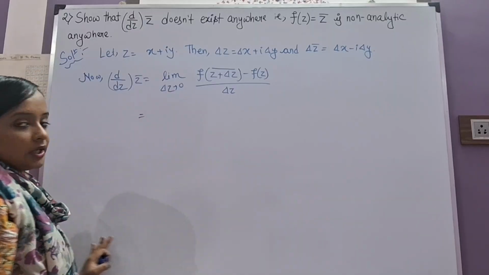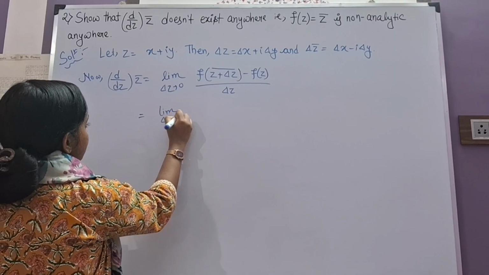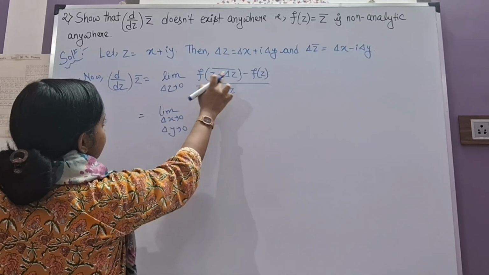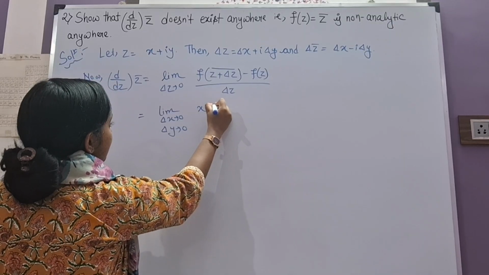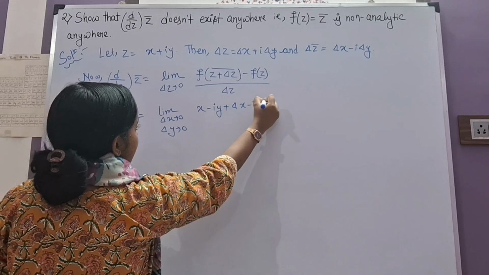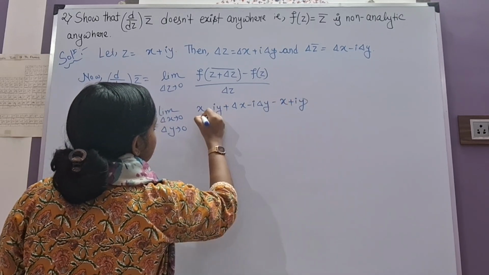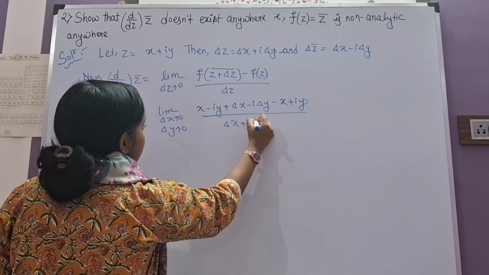Now this is going to be equal to limit delta x tending to 0, delta y tending to 0, f of z plus delta z. Then it is equal to x minus iy plus delta x minus i delta y minus x plus iy by delta x plus i delta y.